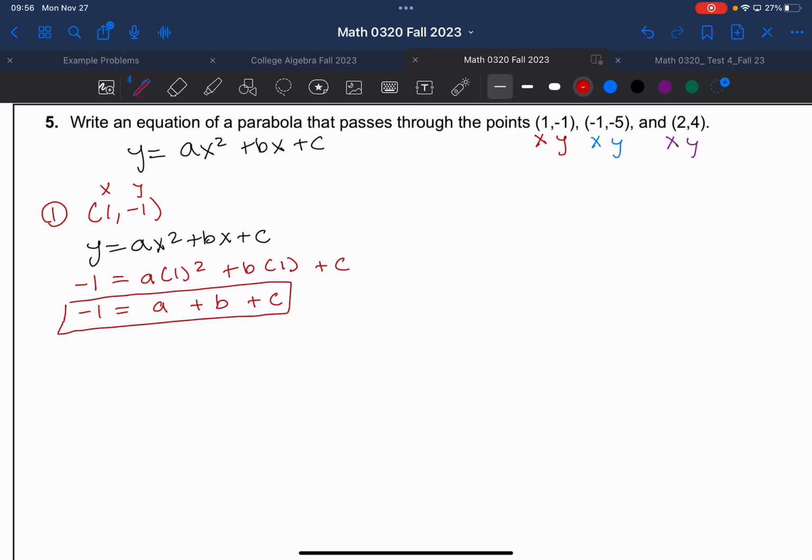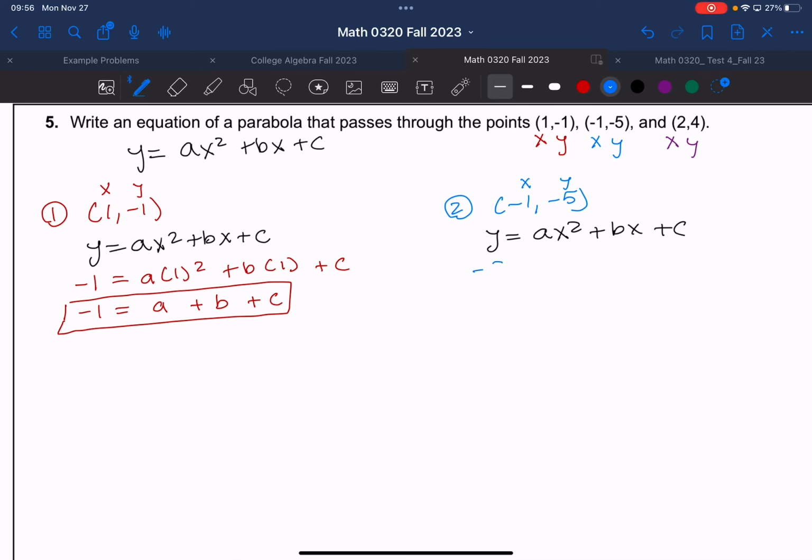And I'm going to do that for the other 2 points. So now I'm going to do that for point negative 1, negative 5, which is my x and y value. I'm going to be doing the exact same thing and plugging these values into the standard form for a quadratic equation.